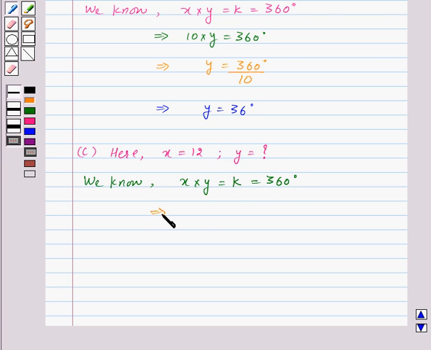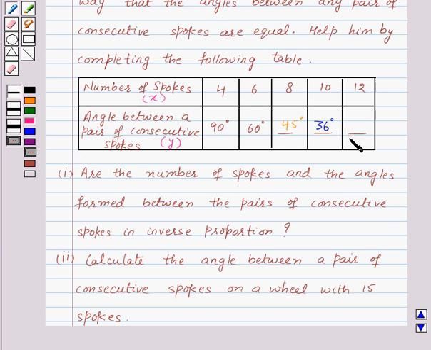This implies 12 into y is equal to 360 degrees. That is, y is equal to 360 degrees upon 12. So this gives y is 30 degrees. So here in the table, let us write 30 degrees corresponding to the value 12.